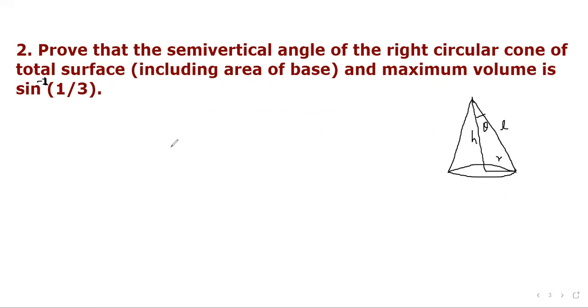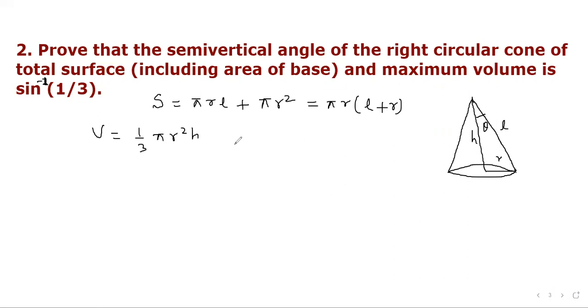So total surface area S can be written as pi r L plus pi r square, or we can take common pi r, then L plus r. And volume is given by V equal to 1 by 3 pi r square H.